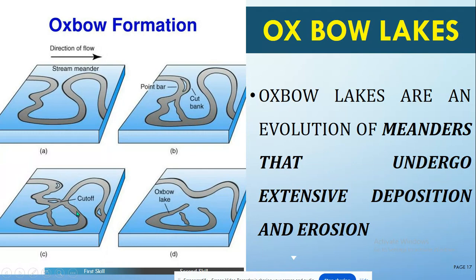The part that was left there, a channel with some water, is called the oxbow lake. We get to know why it is called oxbow. So this is a lake formed by the continued meandering process and the lateral erosion.